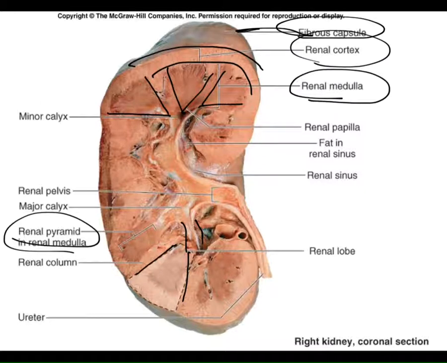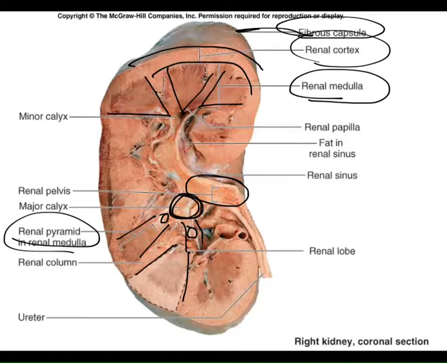Notice here's a couple, there's a minor calyx and another minor calyx, and those minor areas are going to build up to make larger major calyces, plural, and then all the major calyces of the kidney are going to merge into a larger renal pelvis area.